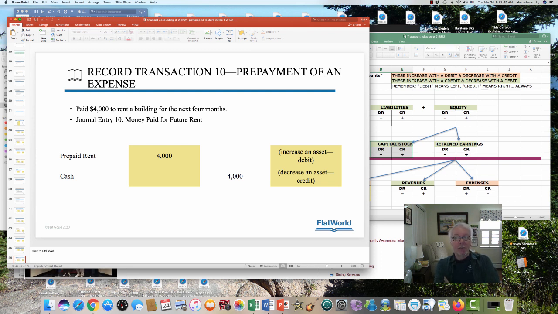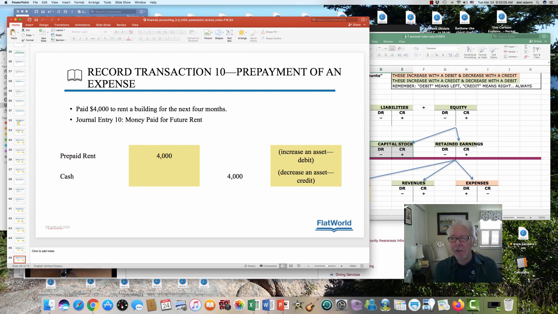That's not the same as rent expense. All right, later on as the months go by and I do occupy this space, then I'm going to chip away at that asset piece by piece and transfer it $1,000 at a time, because this is for the next 4 months, over to expense.